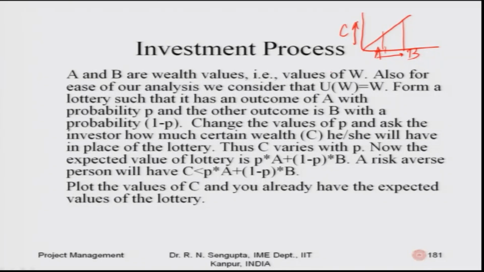Form a lottery such that there is an outcome of A with probability P. You can make it simple by considering probabilities of half and half. So A has a probability of P, and the other outcome B would have a probability of 1 minus P, because the sum of the probabilities should be 1. Change the values of P and ask the investor how much certain wealth he or she will accept in place of the lottery.